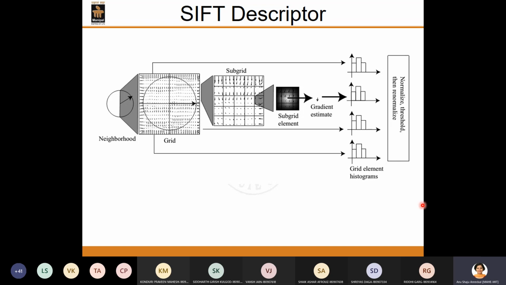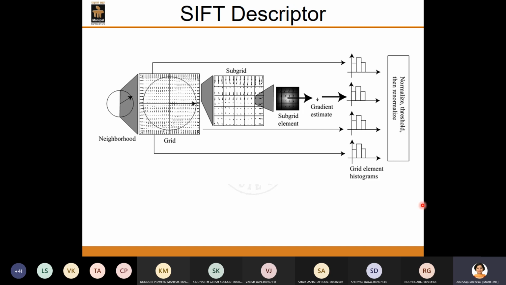Now what I'm going to discuss next is the SIFT Descriptor, which is different. Try to understand that there are two parts to this SIFT feature extraction method. The first part was the SIFT Detector. In the detector, the only thing you're trying to do is detect a particular interest point or key point which is present, right?